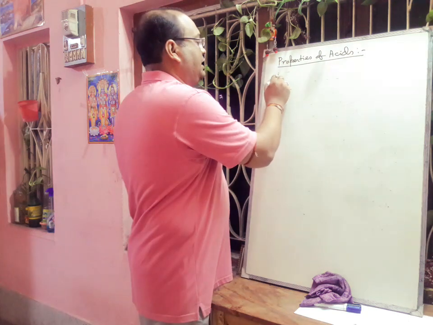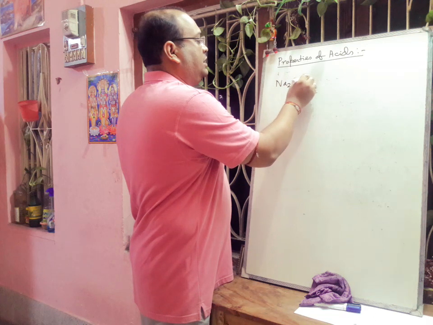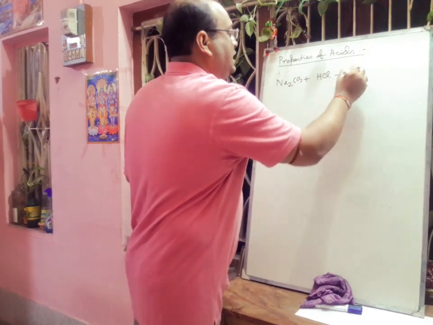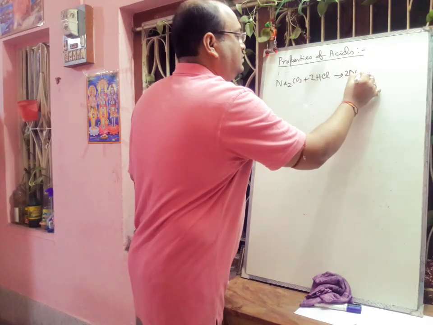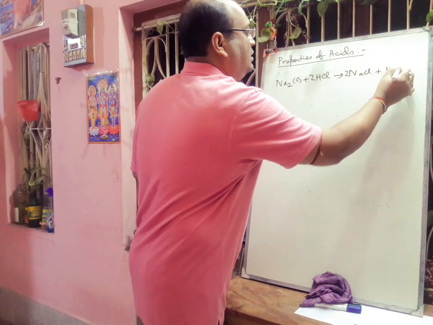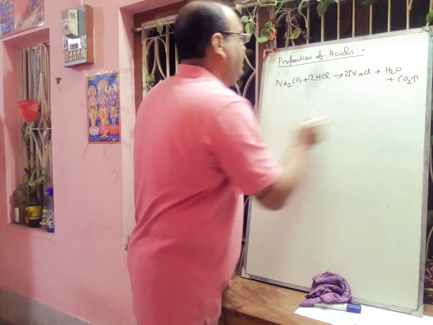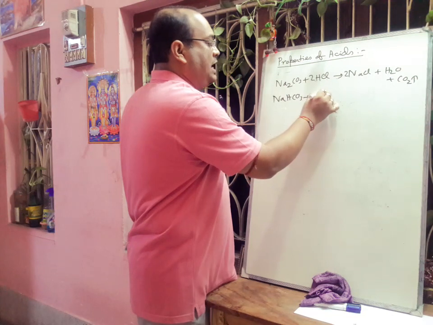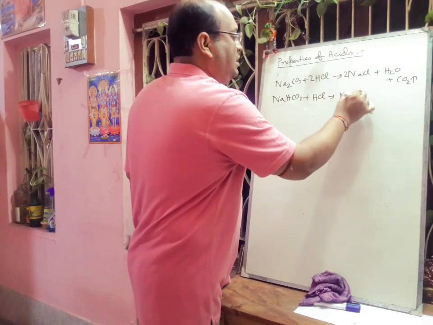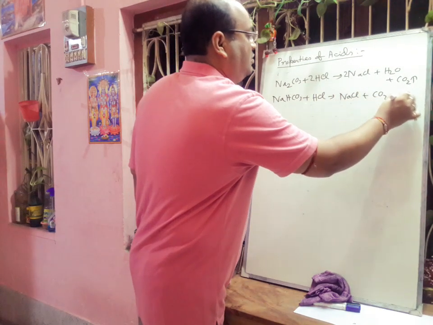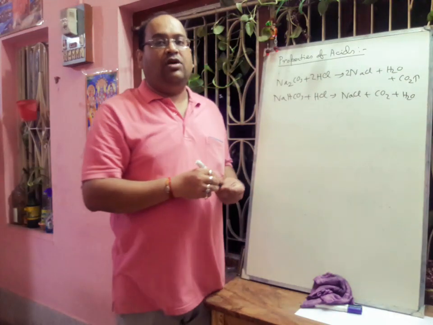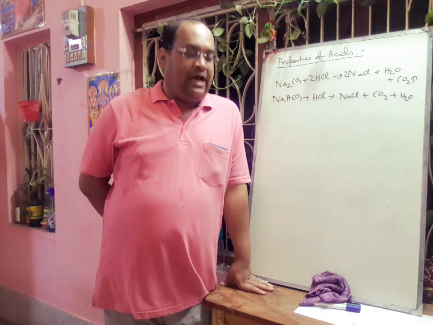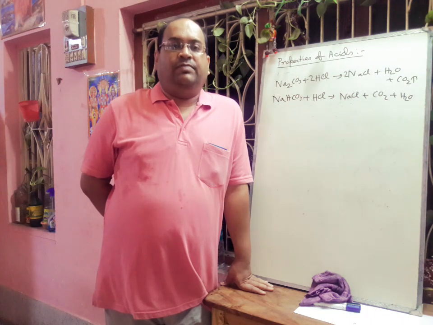So first we write this equation: sodium carbonate reacts with acid, forming NaCl plus water plus carbon dioxide gas. Sodium bicarbonate will also react with acid, forming NaCl plus carbon dioxide plus water. So carbonate and bicarbonate salts will produce carbon dioxide after addition of acid, dilute or concentrated, no problem.